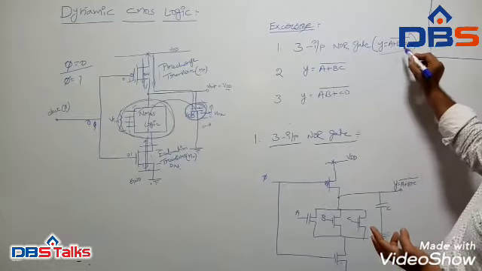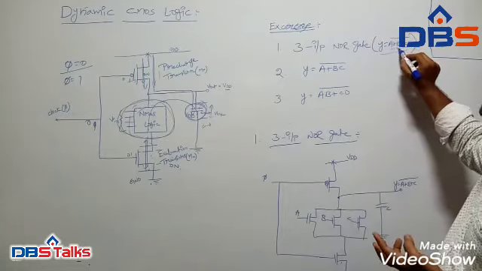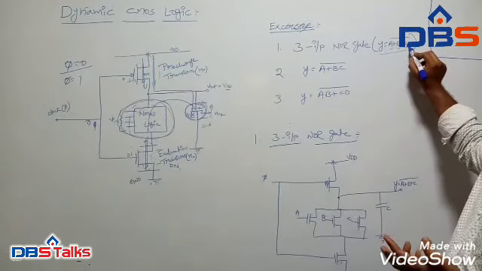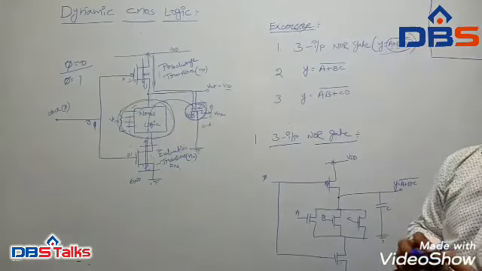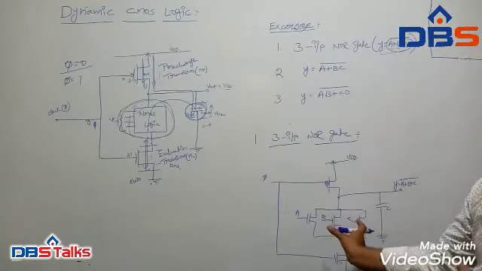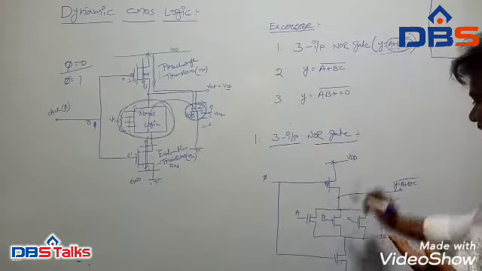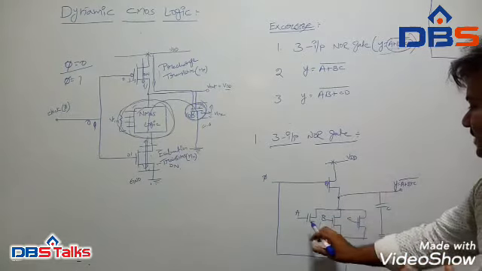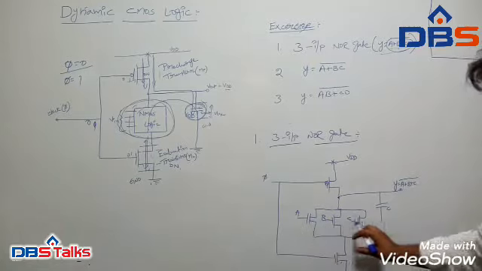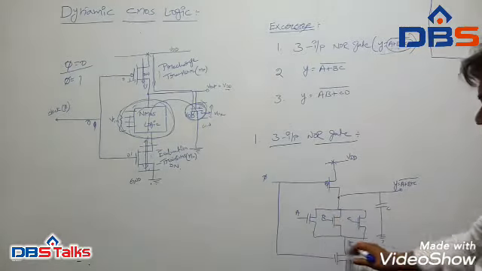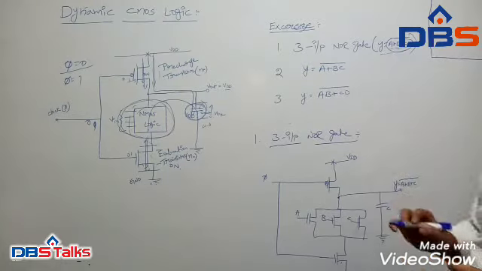So here 3 input means we are having 3 variables. A is one variable and B is another variable and C is another variable. So how many variables are present in the expression, that many transistors will be required to implement the logic functionality. Here we are having 3 variables and we require 3 transistors A, B, C. Why we are connecting in parallel? Because here we have the addition operation.